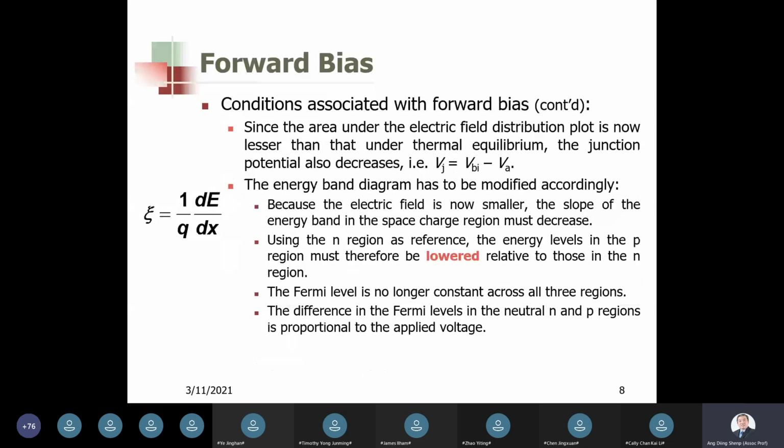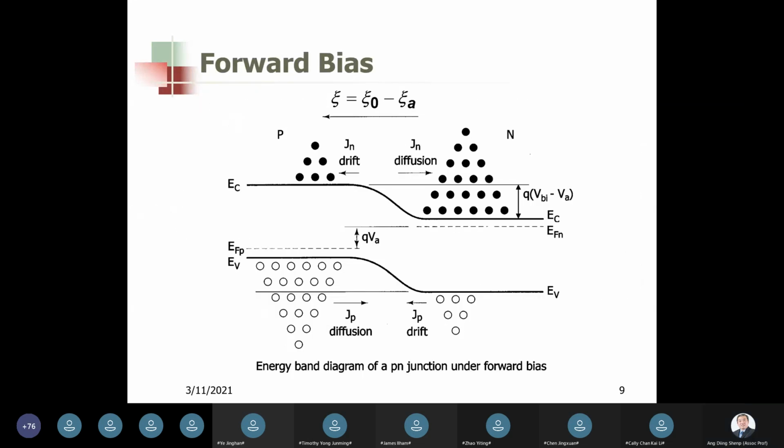Under non-equilibrium, what it simply means is that there is either an excess or a deficit of carriers in the semiconductor as a result of an external excitation. And under forward bias condition, this is precisely the situation that we have.